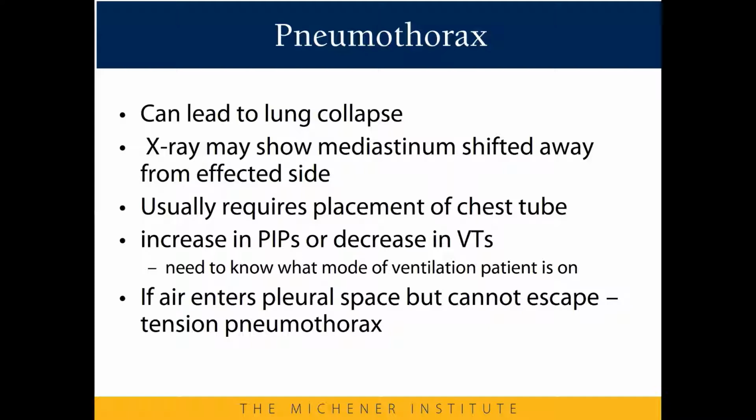We will have high pressure alarms sounding and low volumes. Which alarms you see will depend on what mode you're in. If we're in a volume control, so an AC/VC mode, we'll get increased high pressure alarms, and we'll see our PIPs, or peak inspiratory pressures, actually rising.